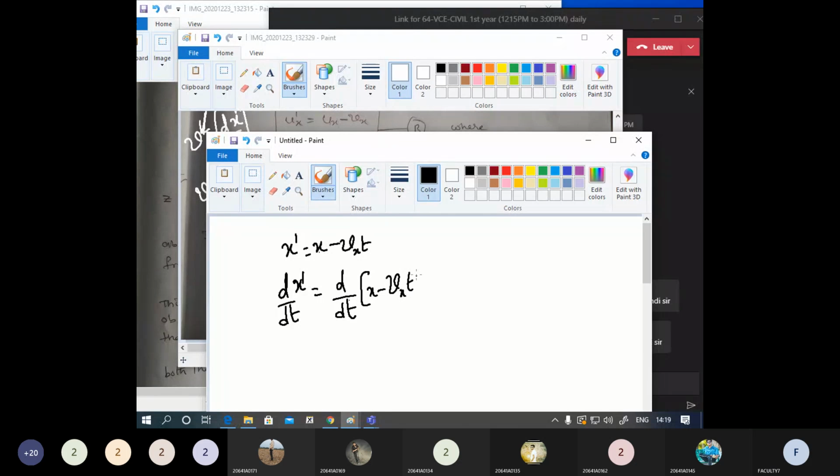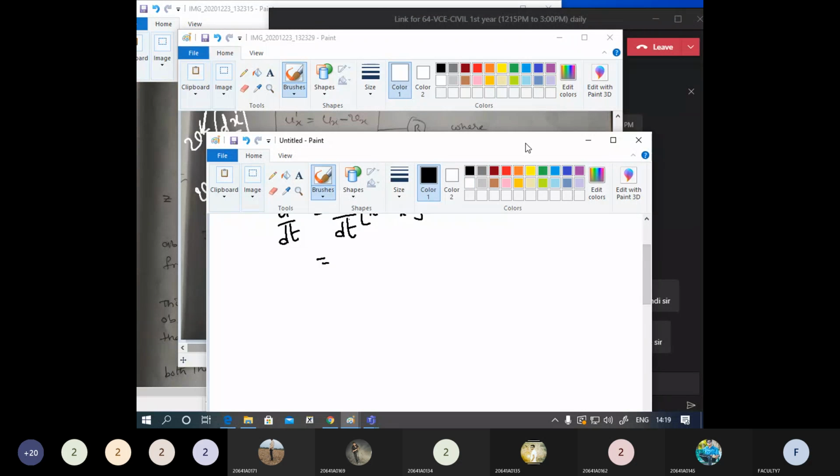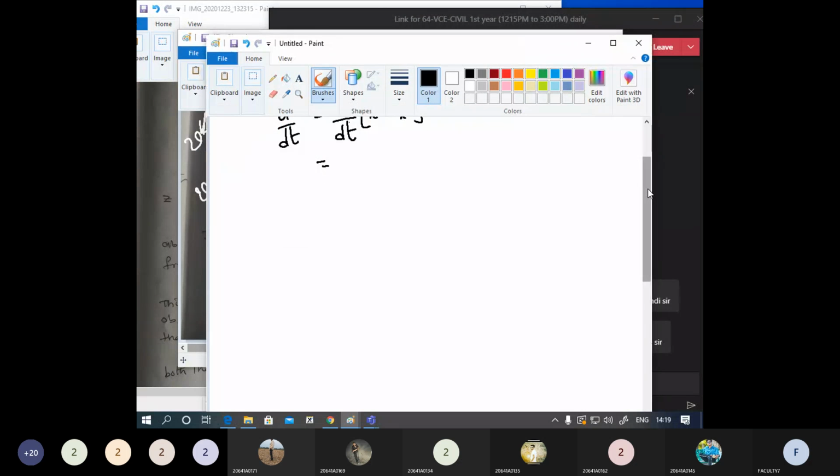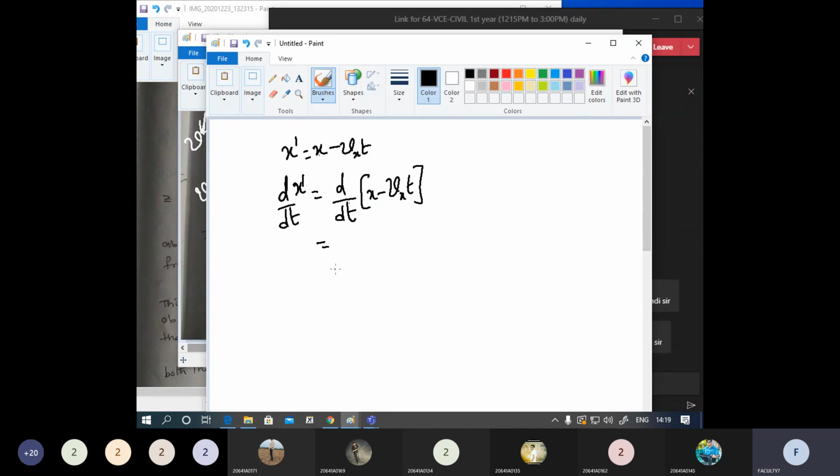What we are going to get: dx by dt minus v, where v is constant, so you can take it outside the product, here dt by dt. What happens? This will become 1. That's why you can write this as dx by dt minus v.